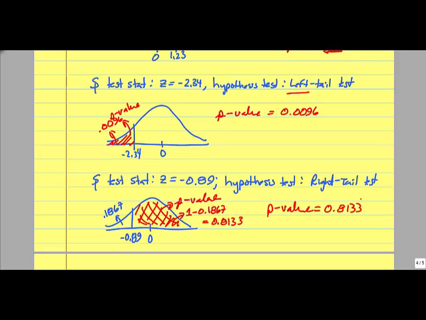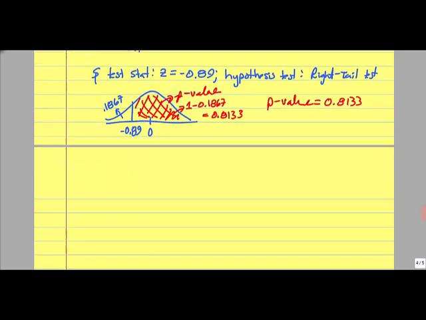Okay, so we've talked about the p-values. We've talked about how we're going to make decisions now on the p-value approach and the classical approach. But one thing we haven't done is define the p-value. But now that we see what one looks like, this might be a good place to do it.